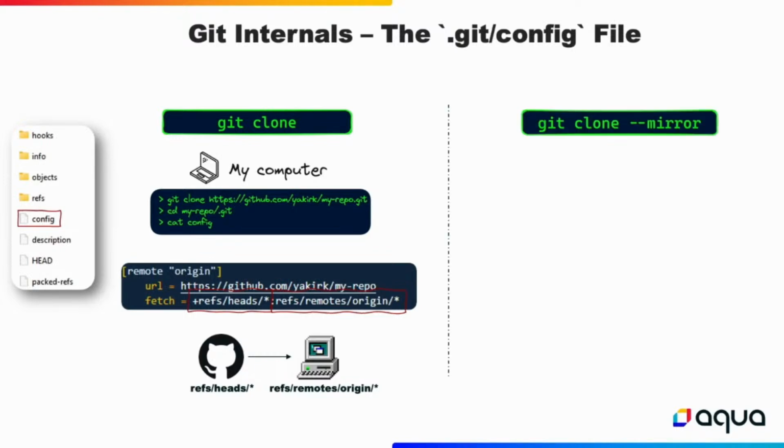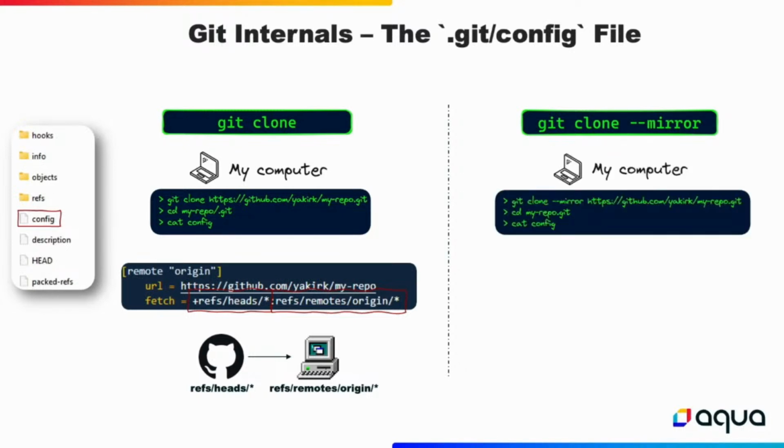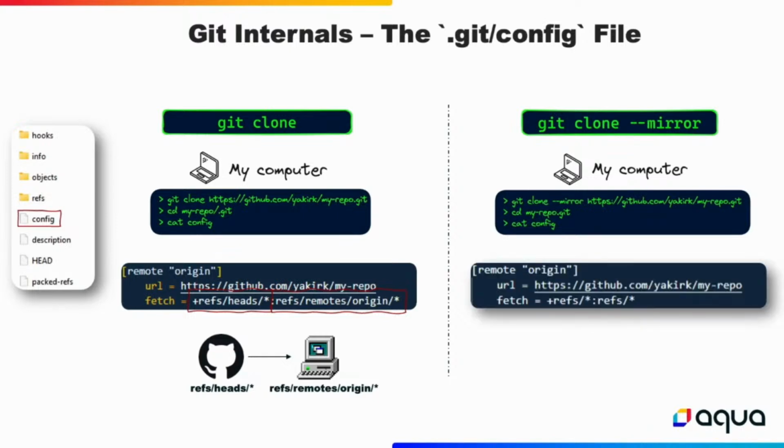Now let's see what will happen when we clone the project with the git clone --mirror command. With the git clone --mirror command, we can view the same config file, and we can see that we take all the references, not just references that start with refs/heads, which are actually branches.